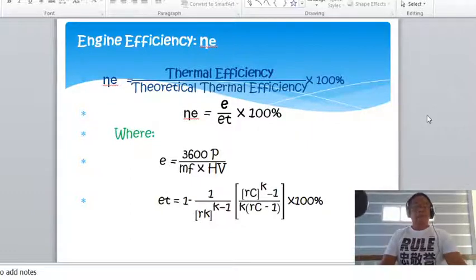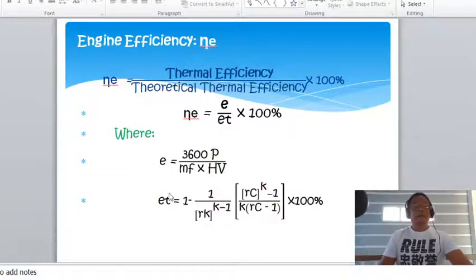Okay? So the brake thermal efficiency, in our previous discussion, is defined as the power divided by the energy chargeable, or simply 3,600 multiplied by the power divided by the mass flow rate of the fuel multiplied by its heating value.